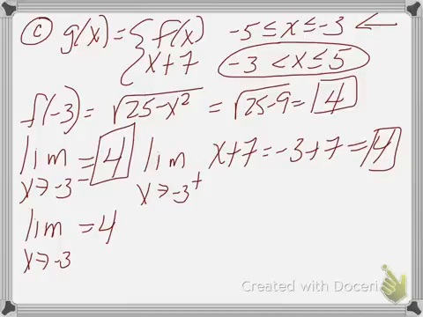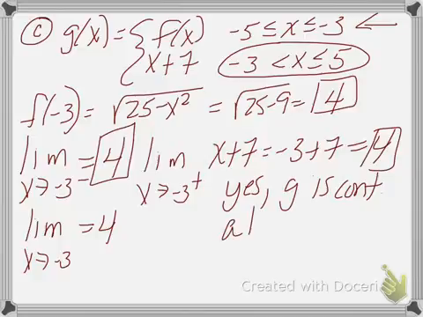So let's go back to the question. Is g continuous at x equals -3? The answer is going to be yes. g is continuous at x equals -3. I'm going to go to the next screen.